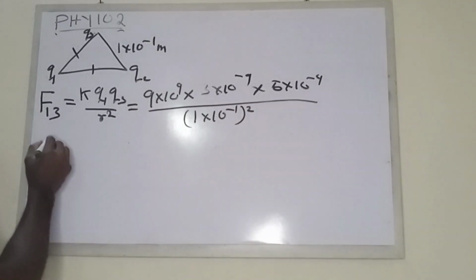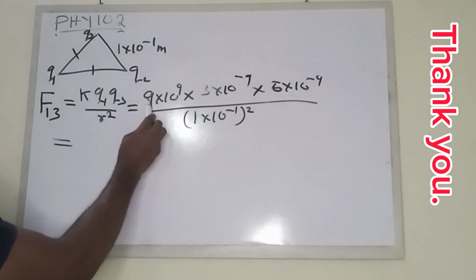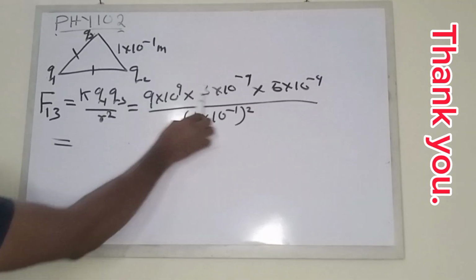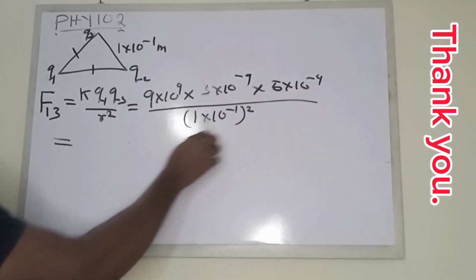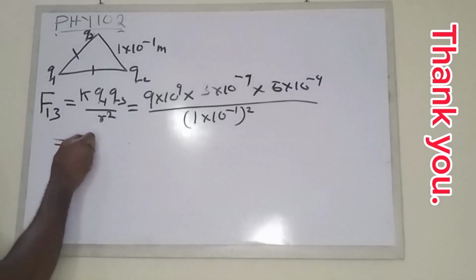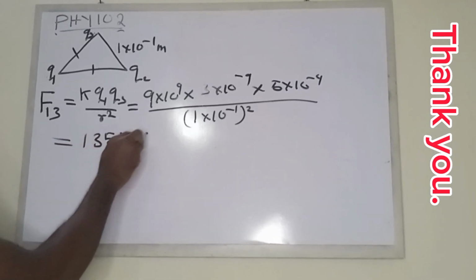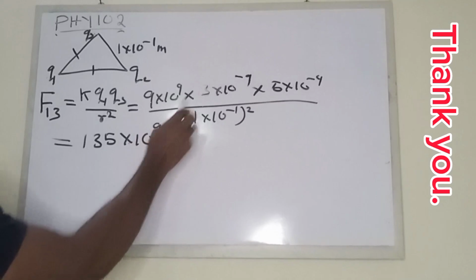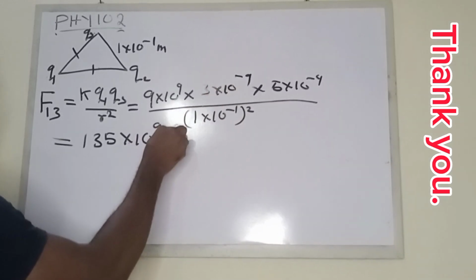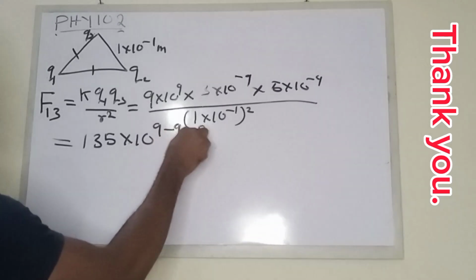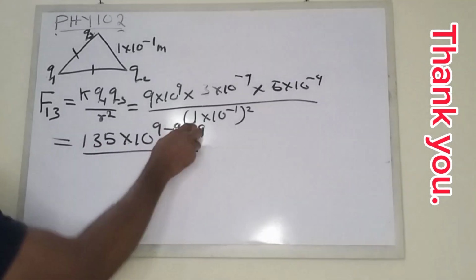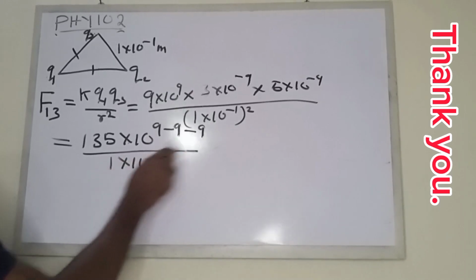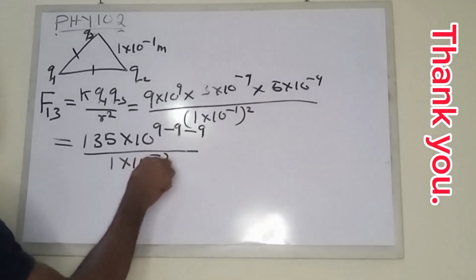So we're going to compute this. This is very easy. 9 times 3 is 27, and 27 times 5 gives 135. So we have 135 times 10 raised to the power of 9 minus 9 minus 9, all over 1 squared, which is 1 times 10 raised to the power of minus 1 times 2, giving minus 2.